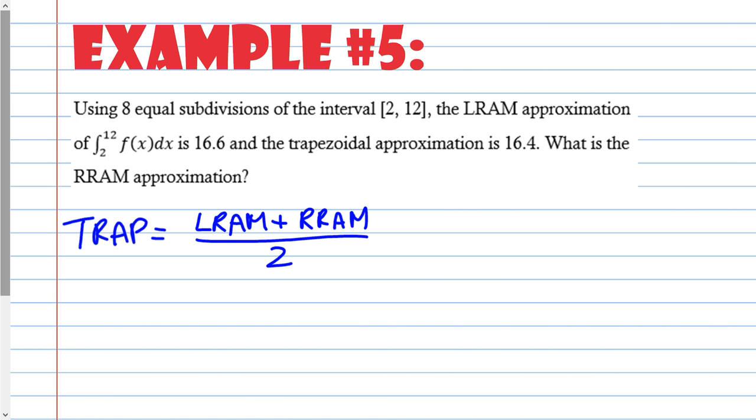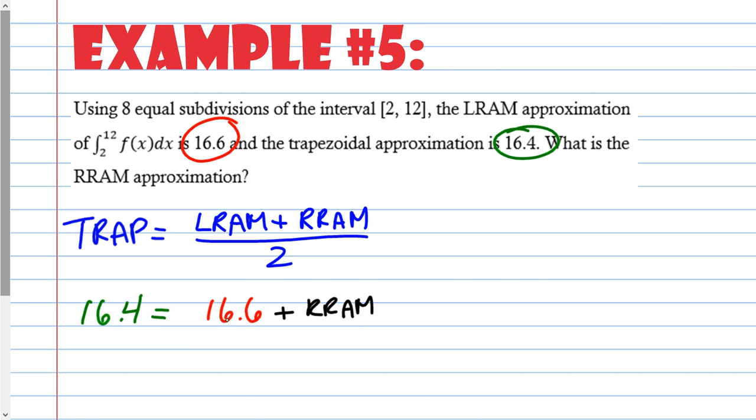It is equal to the trapezoidal approximation. So the trapezoidal approximation is 16.4. So 16.4 equals, now the LRAM is 16.6, so 16.6, and RRAM is what we're looking for, and then divide by 2.